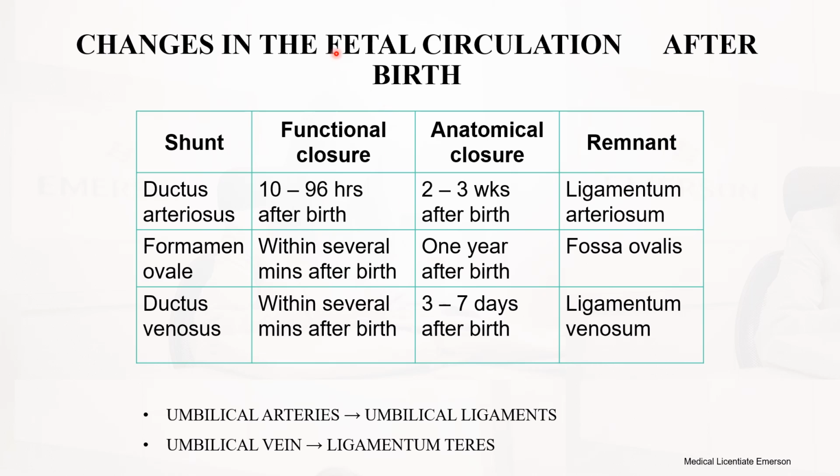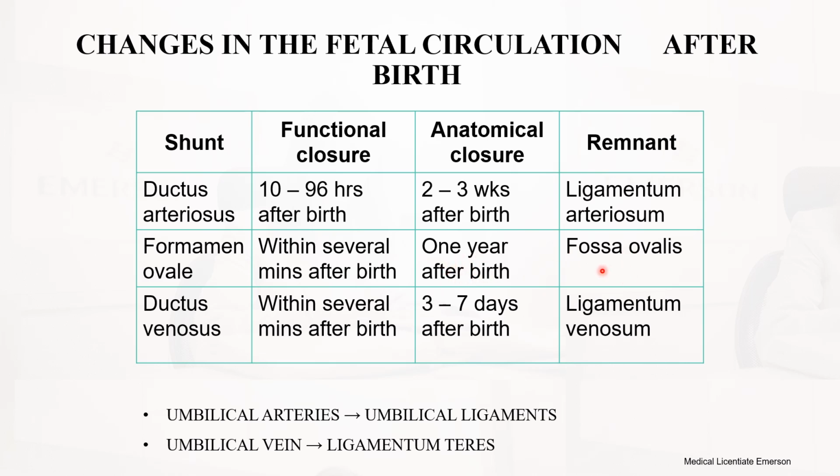So what are some of the changes in the fetal circulation after birth? In terms of the shunts, the ductus arteriosus has functional closure 10 to 96 hours after birth. Anatomical closure is 2 to 3 weeks after birth. The remnant is the ligamentum arteriosum. Then the foramen ovale is functionally closed within several minutes after birth. Anatomical closure is 1 year after birth.